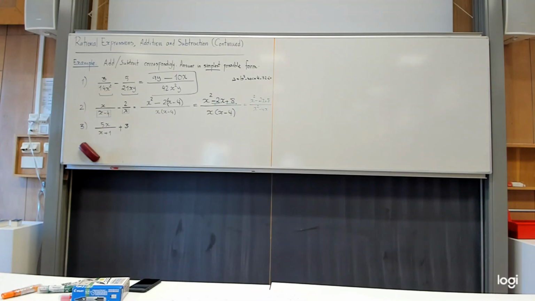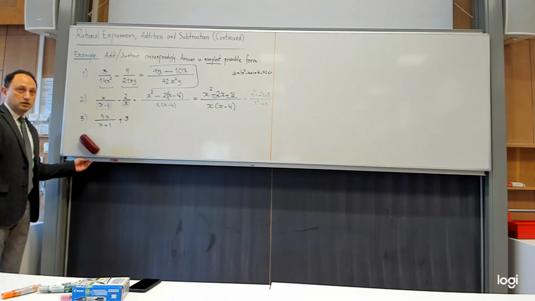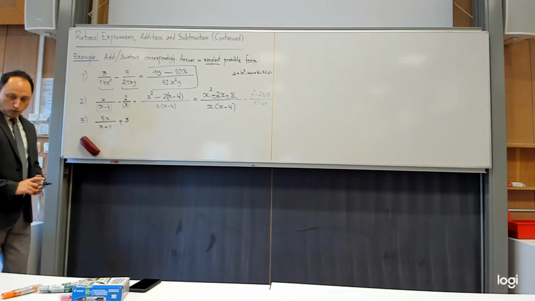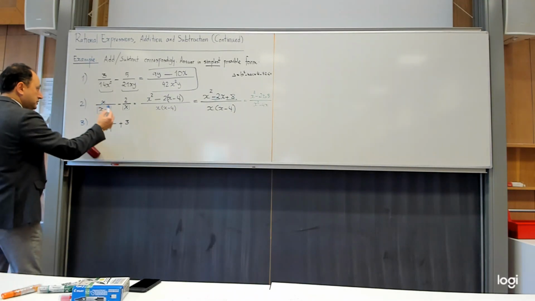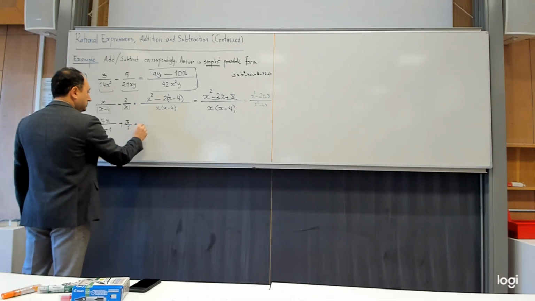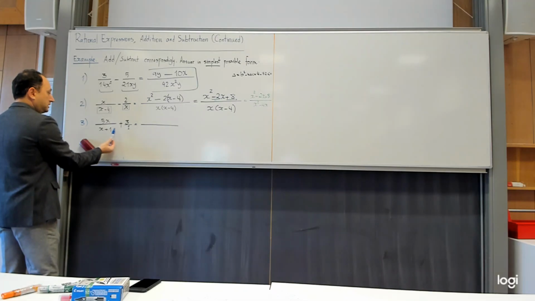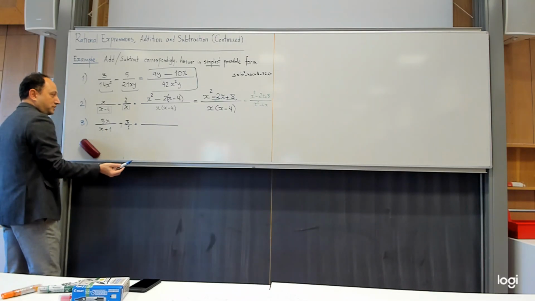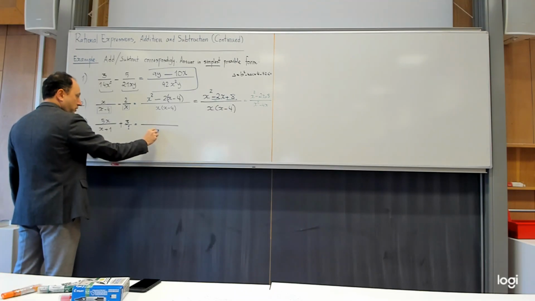How should I do this if I want to do this addition? Yes? Just imagine that 3 is 3 over 1. I change my color. So this is part of the solution. 3 means 3 over 1. And then what I have to do is find a common multiple between these two, but that is trivial. What's that? X plus 1, x plus 1 itself, yes.